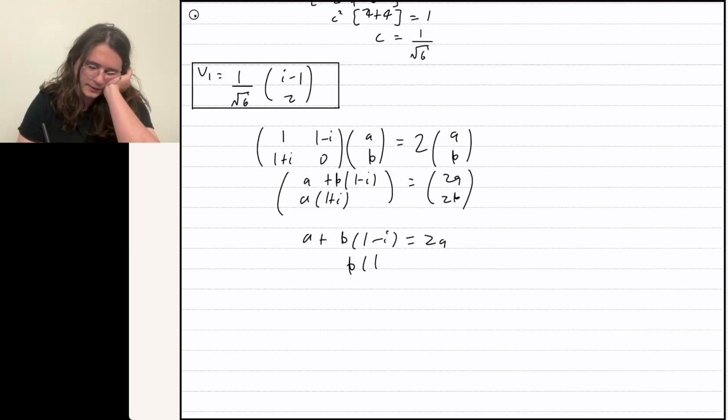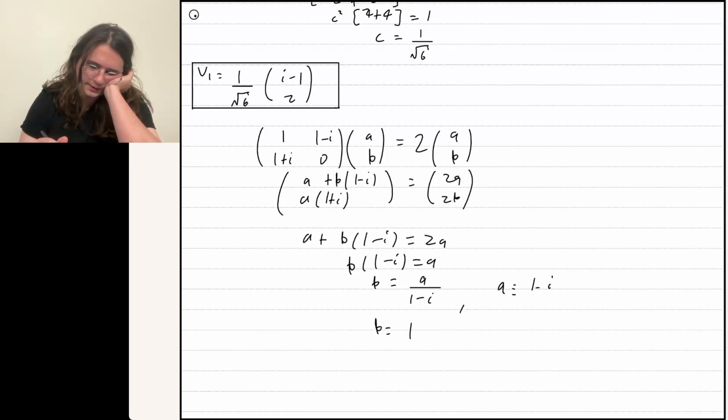We'll get b times 1 minus i equals a, and so b equals a over 1 minus i. So at this point we can set a to 1 minus i, and so it will follow from that equation that b is equal to 1.